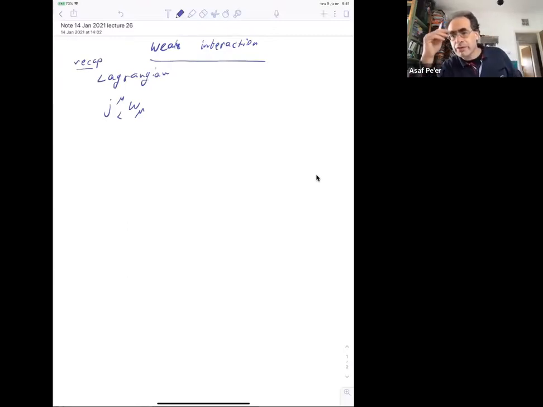This is a combination of a vector and axial vector. Again, this is because that's what we see in experiment, right? And then we wanted to have a gauge symmetry of the weak interaction.